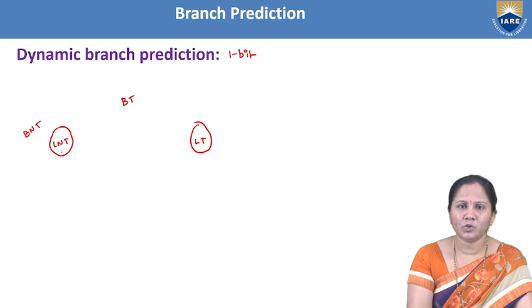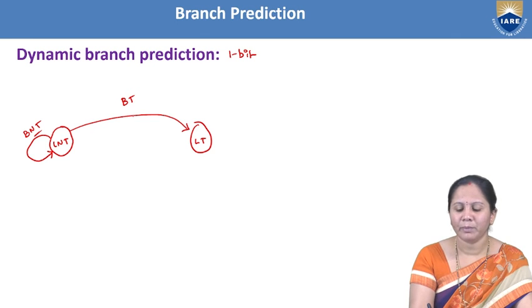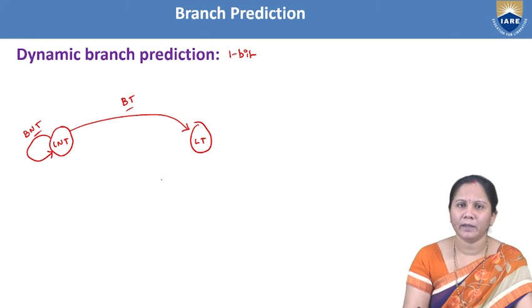For example, assume the control is first in the LNT state. When it is in the LNT state, if the branch is not taken, it stays in the same state. If a branch is taken, then it changes the state from LNT to LT. BT represents branch taken.